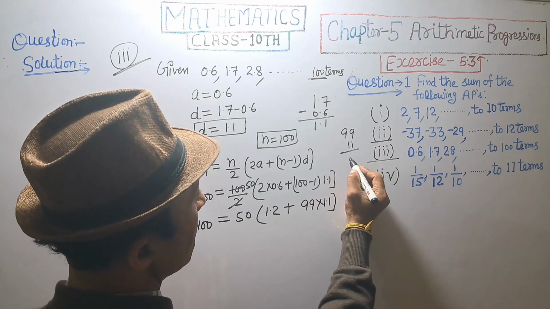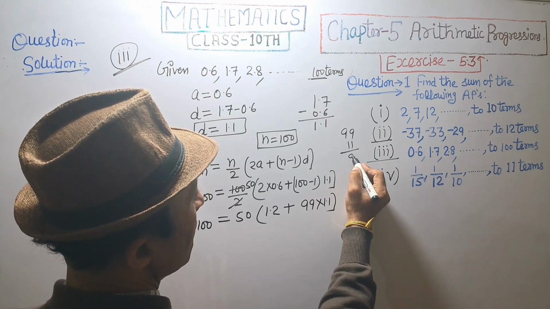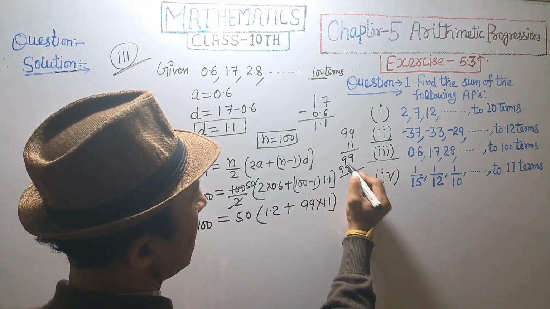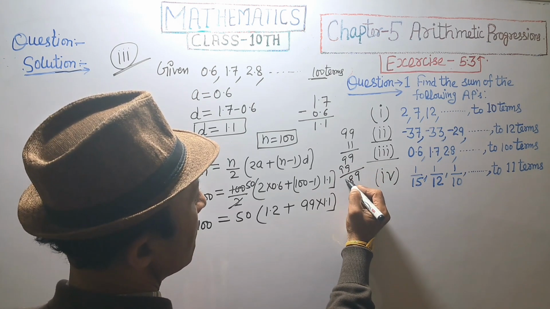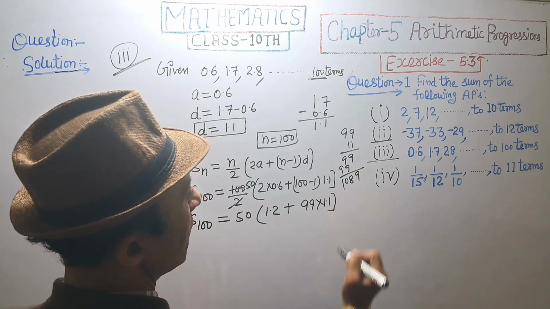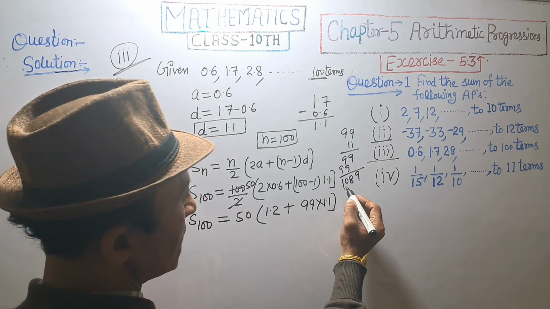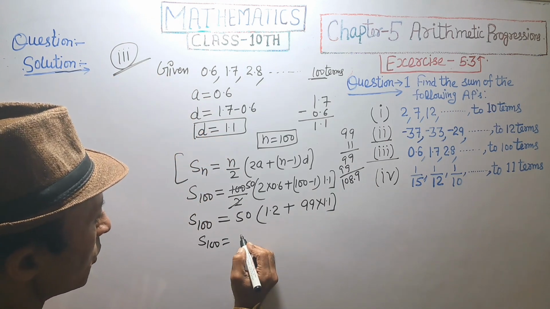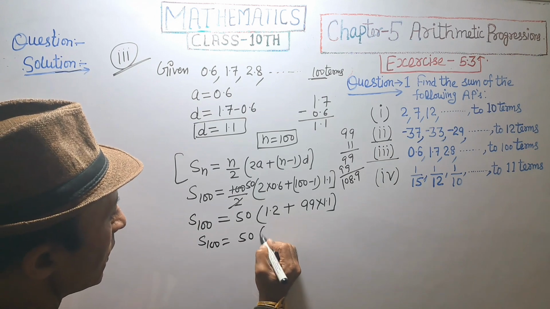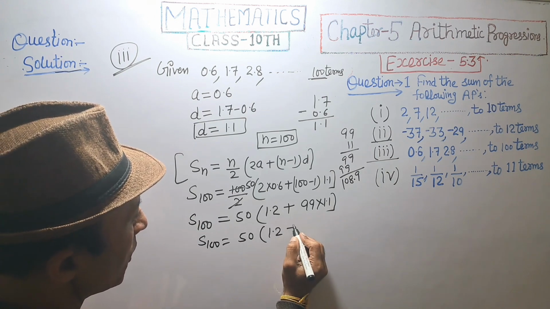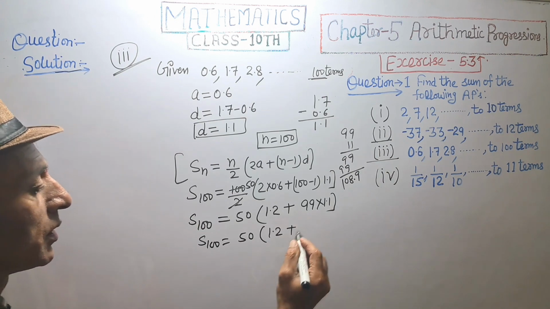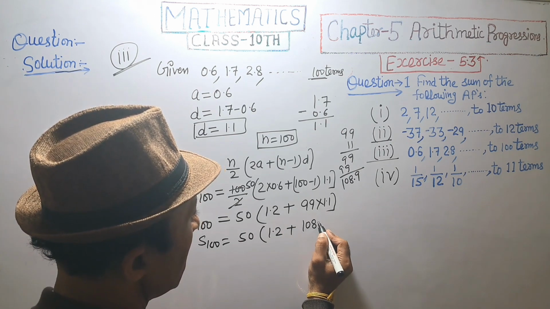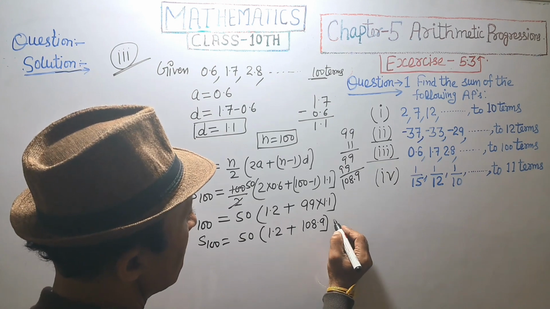99 times 11 is 1089, so 99 multiplied by 1.1 is 108.9. That is, S100 is equal to 50 into 1.2 plus 108.9.